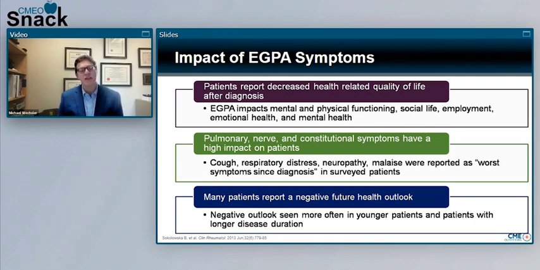All of these factors really can be impacted by a single disease. And then you get to the physical manifestations, whether it's the neuropathy or the shortness of breath or the weakness that can occur in many of these patients, and how disruptive that can be. All of this leads to a sense of hopelessness oftentimes and a negative future health outlook.